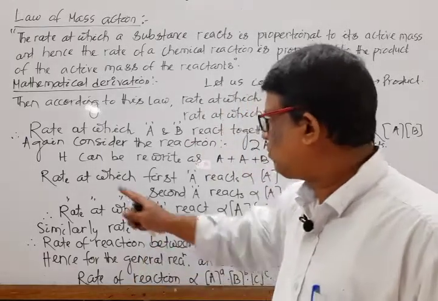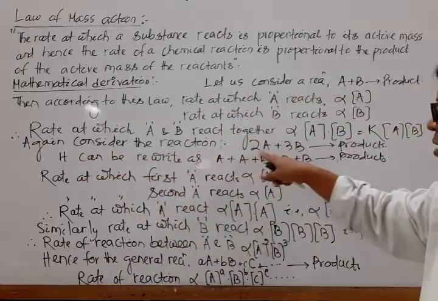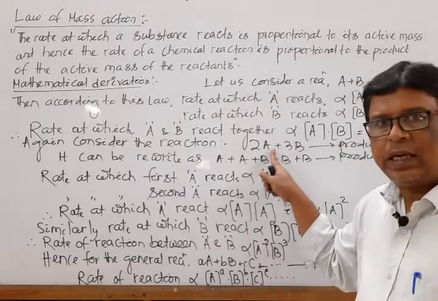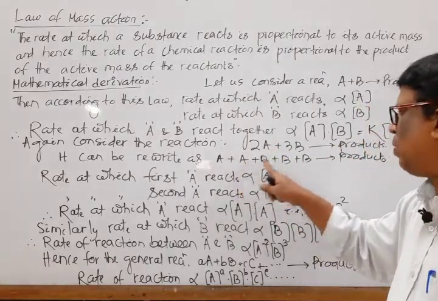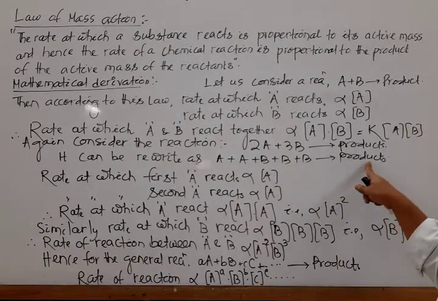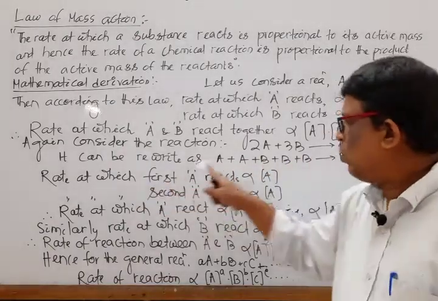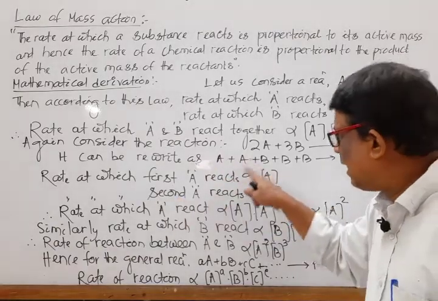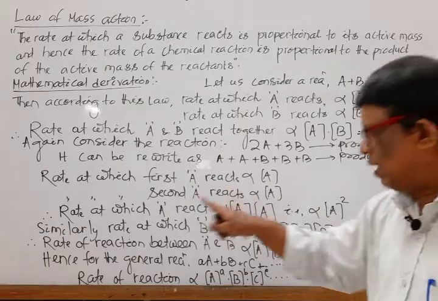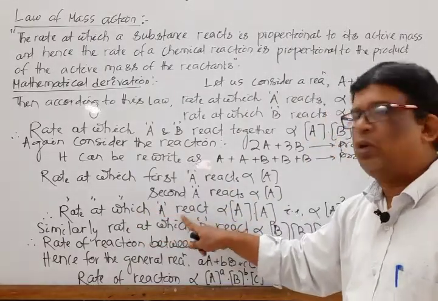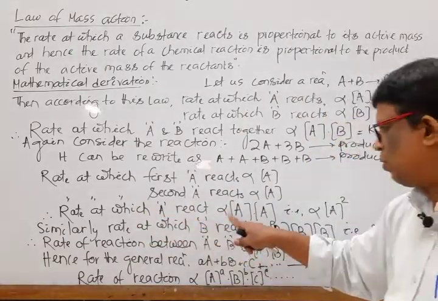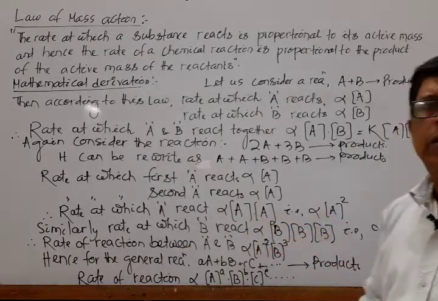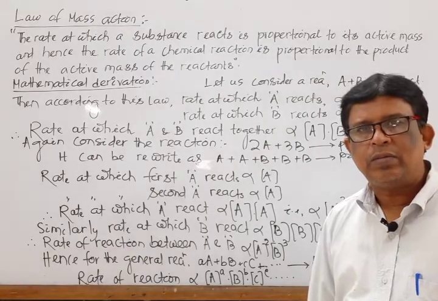Mark that. Again, consider another reaction, 2A plus 3B gives rise to product. This reaction may be rewritten as A plus A plus B plus B plus B gives rise to product. Then, the rate at which the first A reacts is proportional to its active mass, and the rate at which the second A reacts is proportional to its active mass. Therefore, the rate at which both A react together is proportional to the product of A and A, that means the square of the active mass.